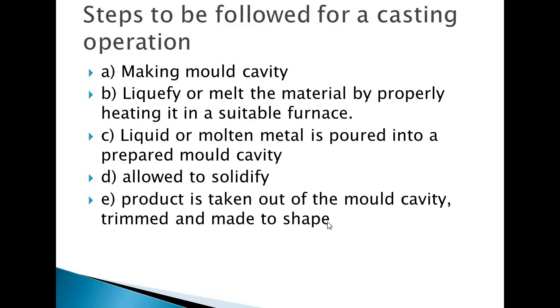We trim that excessive material, and again we require to do some machining. The machining allowances were already considered while we were preparing the mold. So we give some shape by using a VMC machine, a CNC machine, or by the conventional method with a lathe.